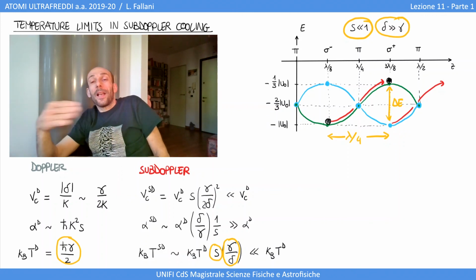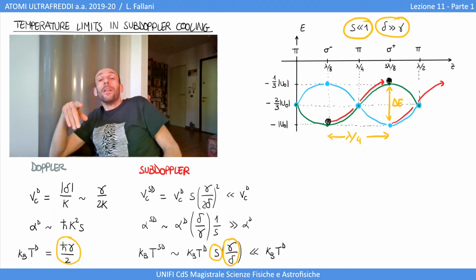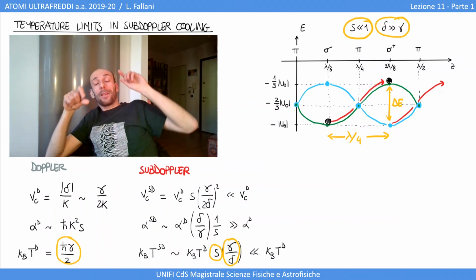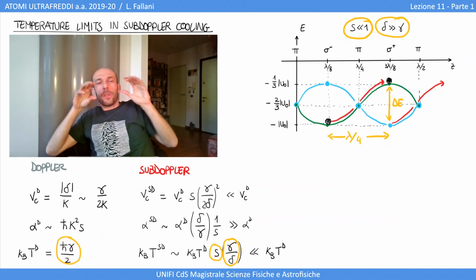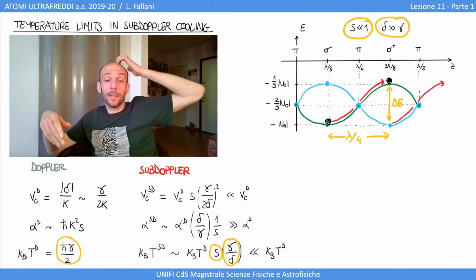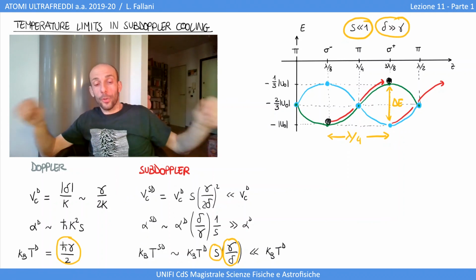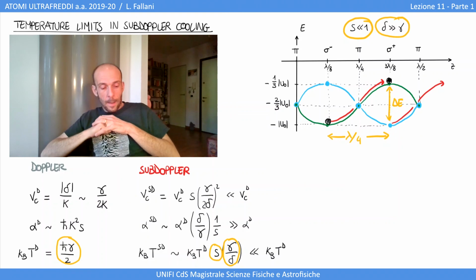So low intensity, large detuning, that means that these potential hills will be very small, and so the energy scale for the process will be smaller and smaller, so you can get lower and lower temperatures. And of course, this is not true. But it is true that, for example, increasing the detuning helps. And we already know that.